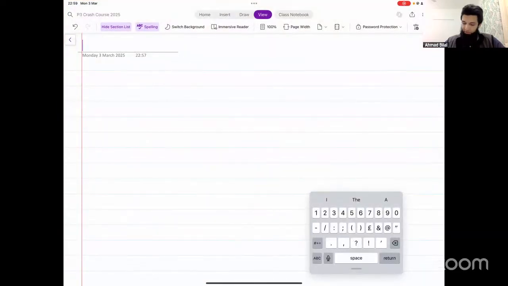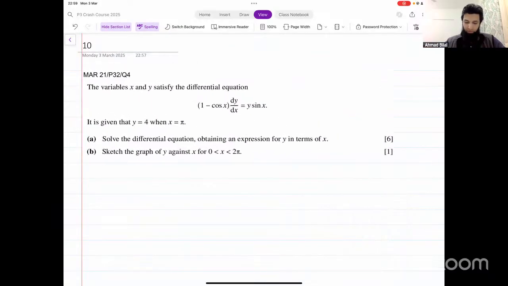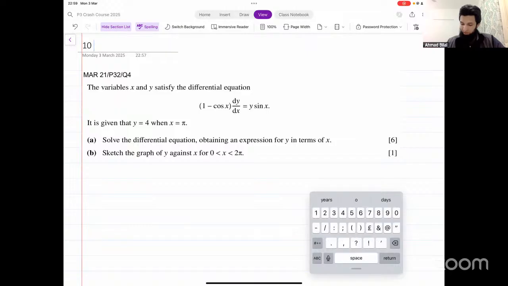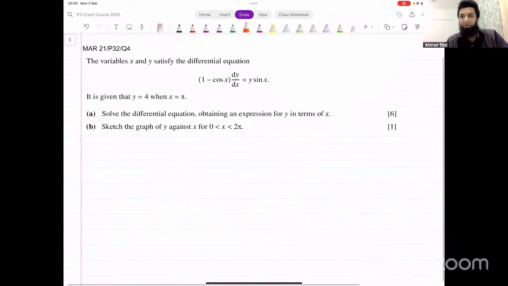Okay, so this is from March 21, Paper 3-2, question number 4. This is from the second worksheet, question number 10 from this. Let's start with this one. In the meantime, I would appreciate if the rest of you can also let me know the problems that you have. Let's start with this one now.